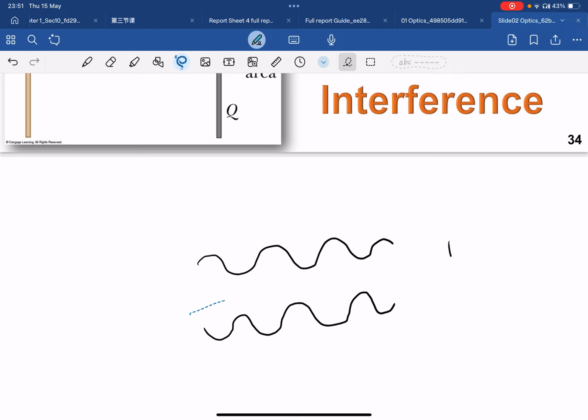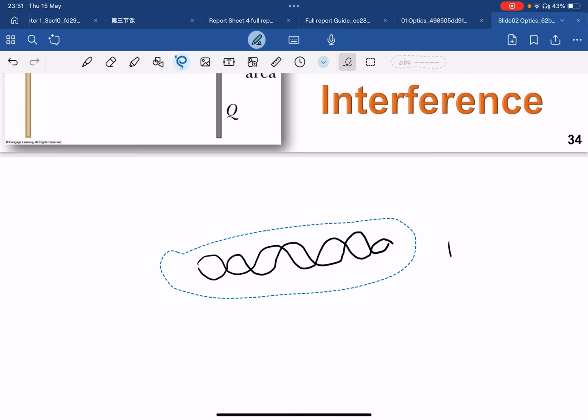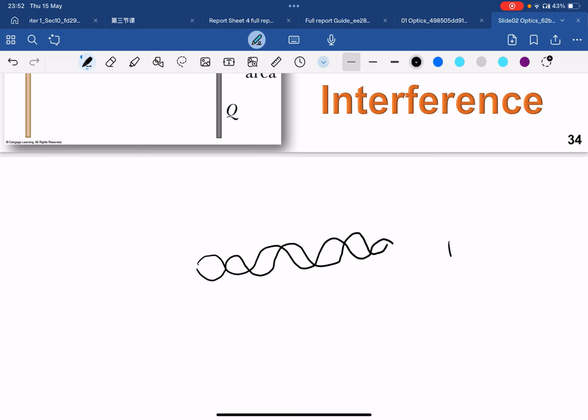My gosh, my drawing is so bad. So now, when these two waves interfere with each other when they meet up, you get something like this. It's supposed to be like this, but it's kind of bad, so I'll just draw it again. But essentially, you get something like this.